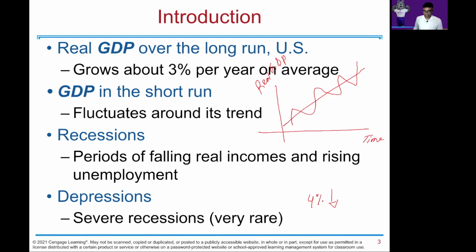And unemployment increased from 4.4% in May 2007 to 10% in October 2009. Okay, the 10% unemployment rate was the highest in more than a quarter century.